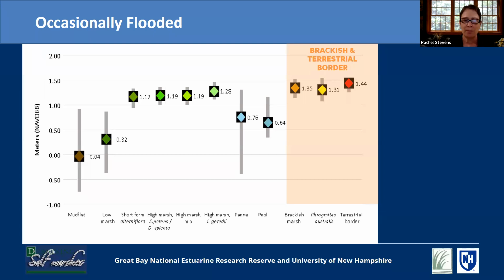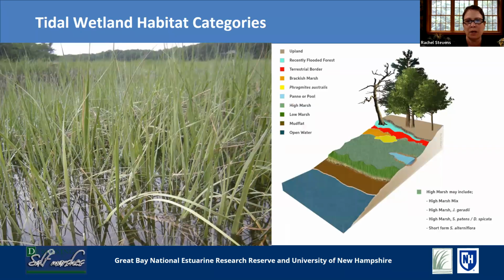And then as we get up into our brackish, including Phragmites, and then terrestrial border, so Iva and Solidago, we're reaching higher elevations, which makes sense and is shown graphically in this image, where we generally run from the water's edge and up to the higher terrestrial border.